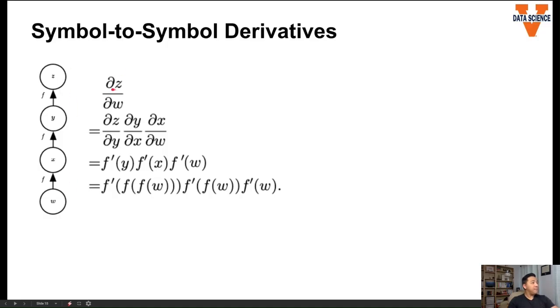So dz over dw here is going to be partial z over partial y, times partial y over partial x, times partial x over partial w. So you can see here it establishes a chain with y and x in between. And this is the way we can effectively calculate the derivative of any node in the computational graph if you know the function that leads from one node to the next. So it's a pretty neat tool.